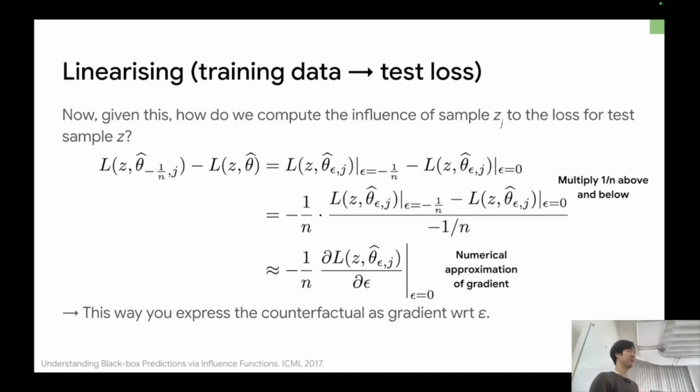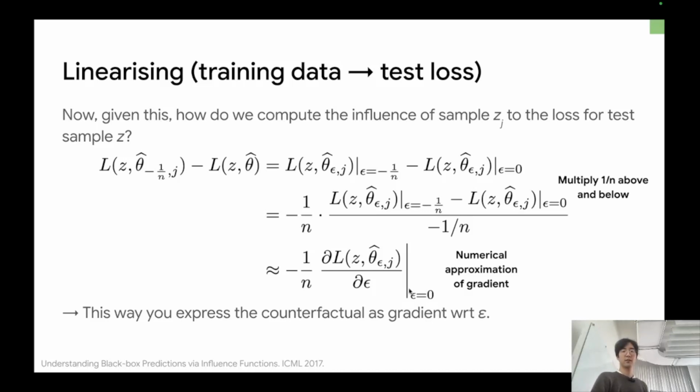If 1/n is small enough, then this quantity approximates the gradient against epsilon super well. So we can just write down that this is close to -1/n times the gradient of theta hat against epsilon evaluated at epsilon equals 0.